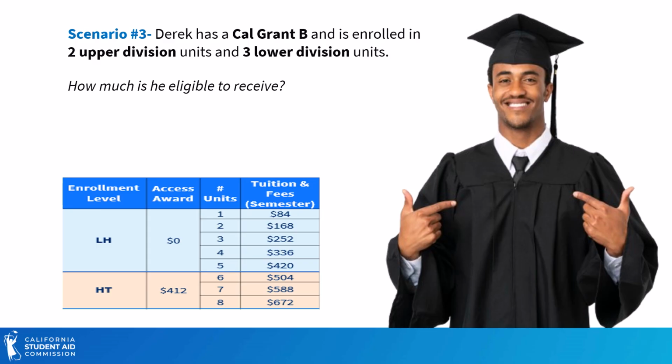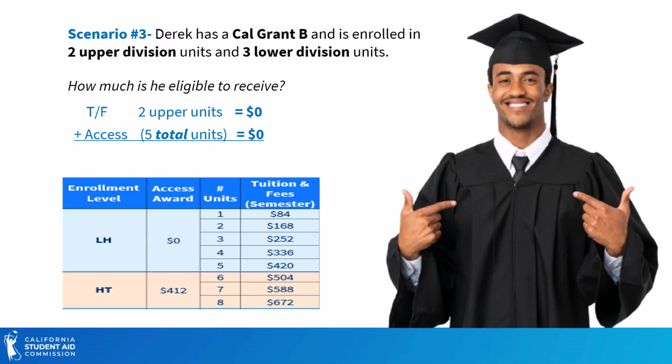Scenario number 3. Derek has a Cal Grant B and is enrolled in 2 upper division units and 3 lower division units. How much is he eligible to receive in Cal Grant funds? The tuition and fees payment is based on upper division classes. Derek is enrolled in 2 upper division units, which is less than half-time status, so he is not eligible for a tuition and fees payment.